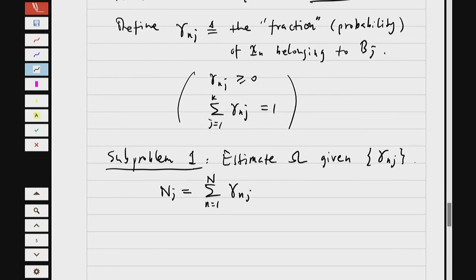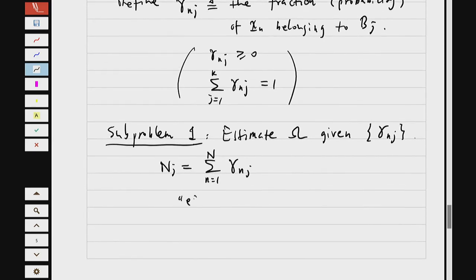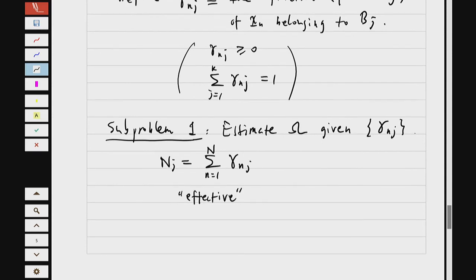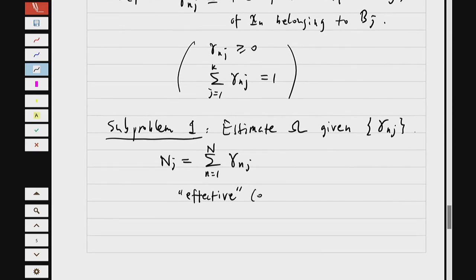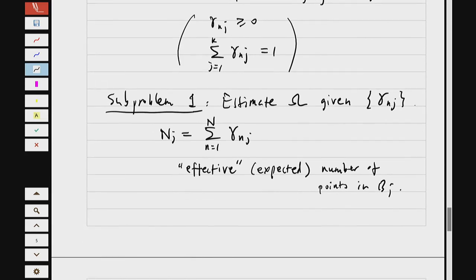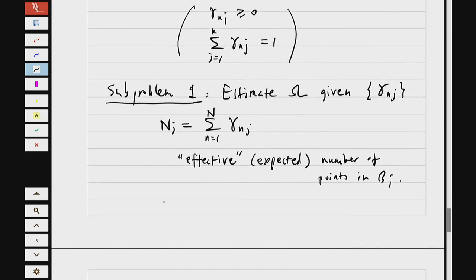So mj will be the effective number of points in bump j. But if you think about it in terms of probability, then this would be the expected number of points in the bump j, in bj. Once you have that, then wj, again, can be estimated by mj over n, same as before.